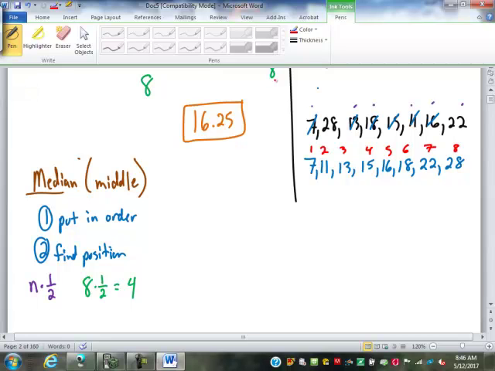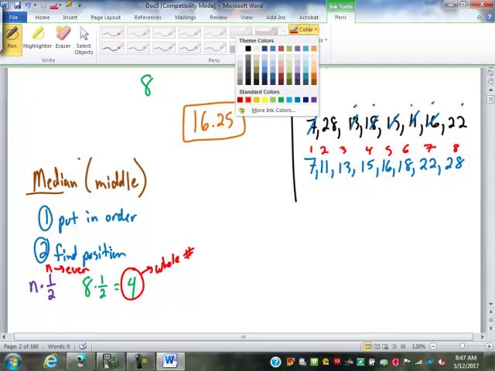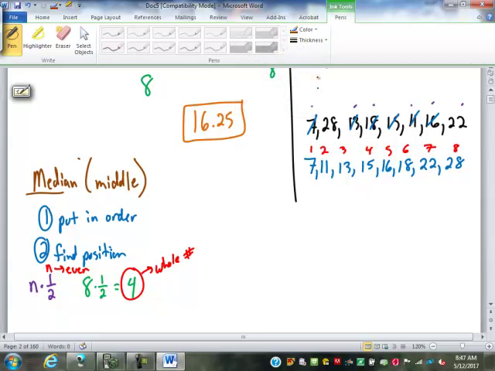Now because n was even here, this came out to be a whole number. Because that's a whole number, the position of our median is between that location and the next. So it's between the 4th and the 5th number in the list.